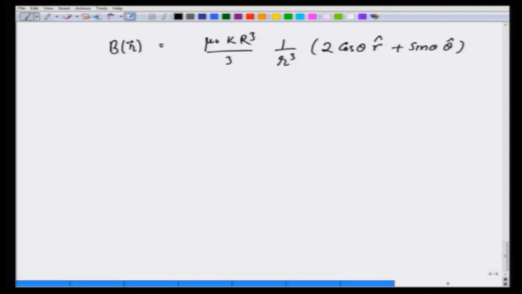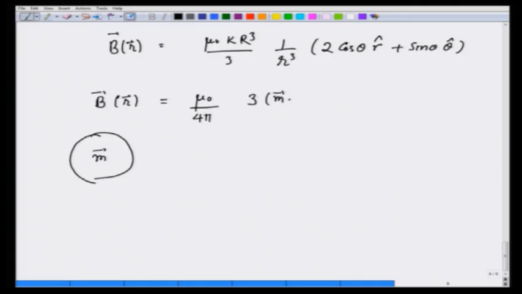Recall that magnetic field due to a magnetic moment m is equal to mu naught over 4 pi, 3 m dot r unit vector minus m itself, divided by r cubed.